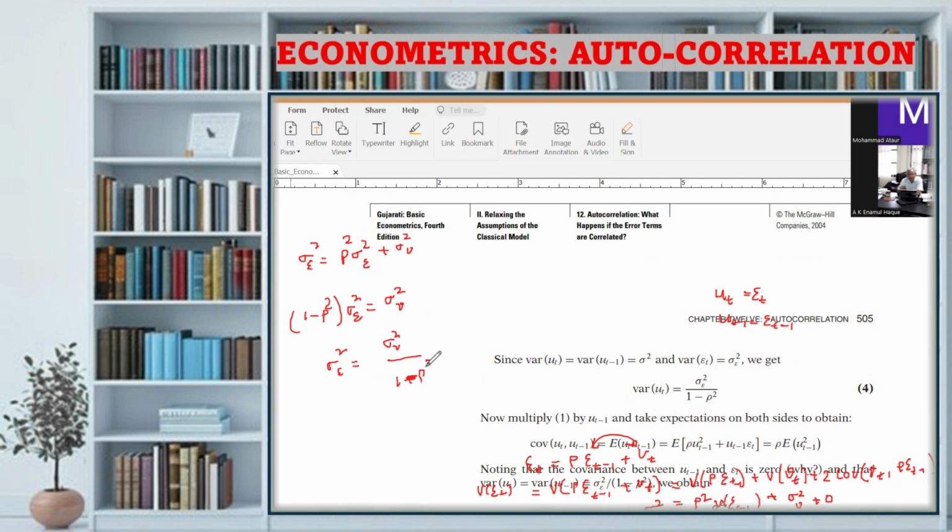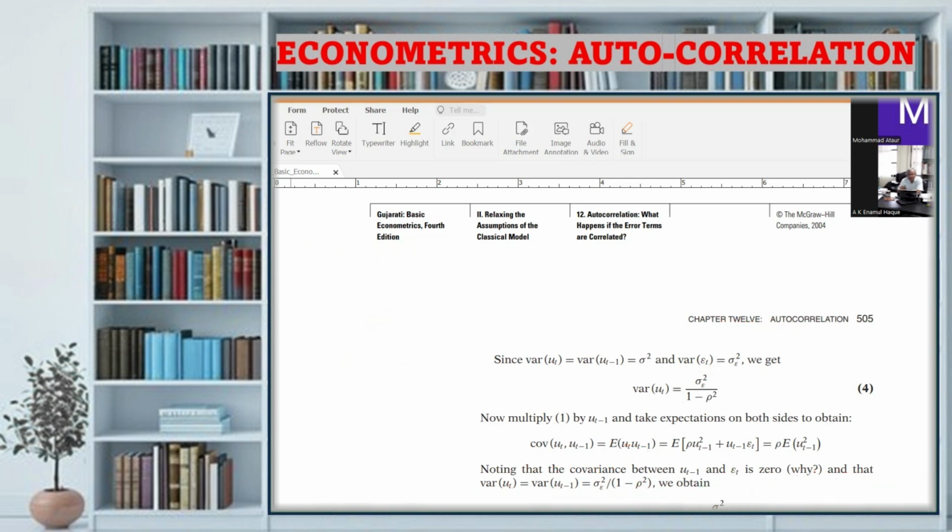That's exactly this. Remember there is a notational problem, that's why it looks different. And this is the variance of the epsilon. Because of autocorrelation, the variance becomes this. This is the new variance that we have in the model. That's exactly the proof the book has provided.